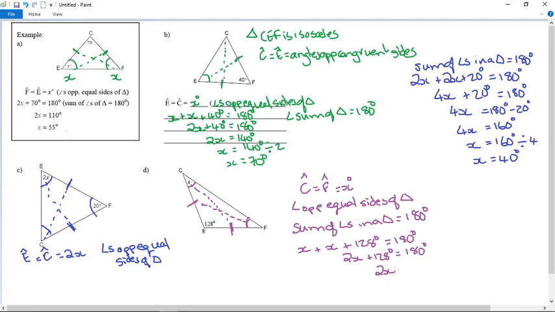So for 2x, we need to get rid of that 128 and get the x's by themselves. 180 minus 128. So, my brain is tired. I think this must be 52 degrees. Yes? So if we divide both sides by 2, x will be 52 degrees divided by 2. So I do believe x is going to be 26 degrees. There we go. And we've got two reasons, and we've worked it all out neatly.